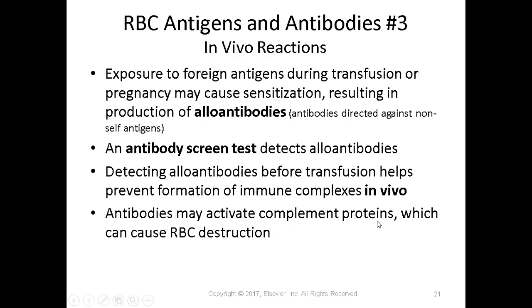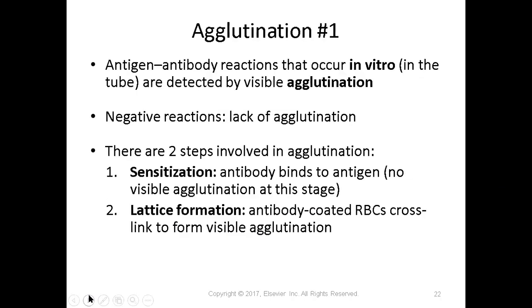Antibodies can also activate complement proteins, and this can lead to red cell destruction, and we'll be looking at that at the end of the unit. Okay, so let's talk about agglutination. So when we have an antigen and an antibody come together to form an immune complex, reactions that we look at in the lab are called in vitro reactions, or in the tube.